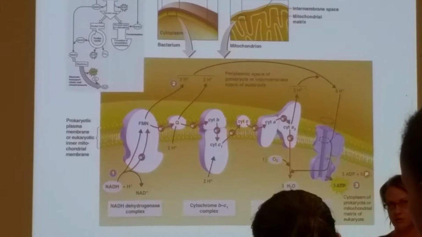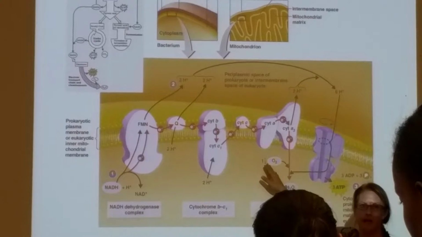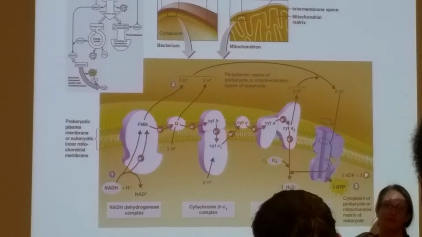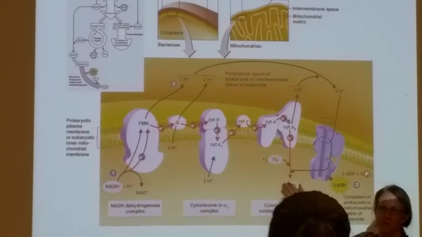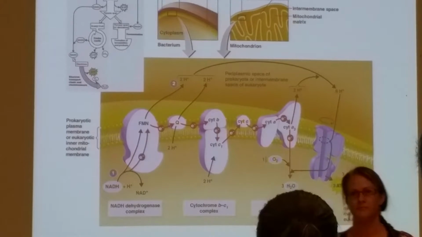If it was anaerobic respiration, you might have sulfate over here, and when the protons and electrons combine, you get something like hydrogen sulfide, H2S. Or if it's nitrate, it depends, they can produce ammonia or different types of nitrogen compounds as well.